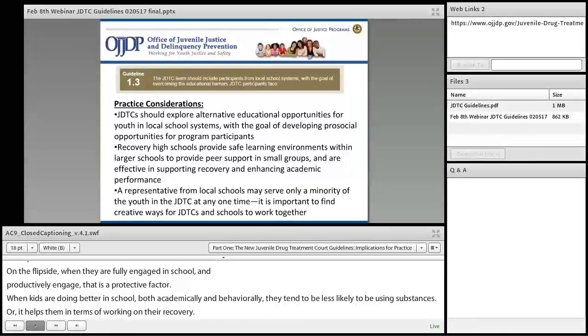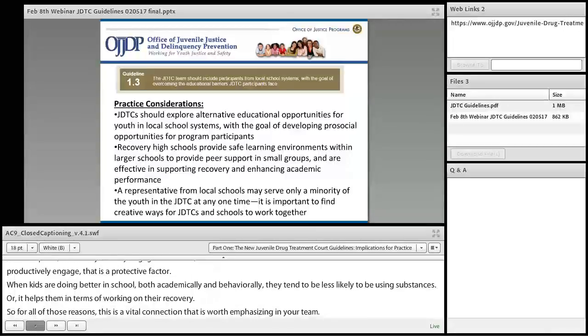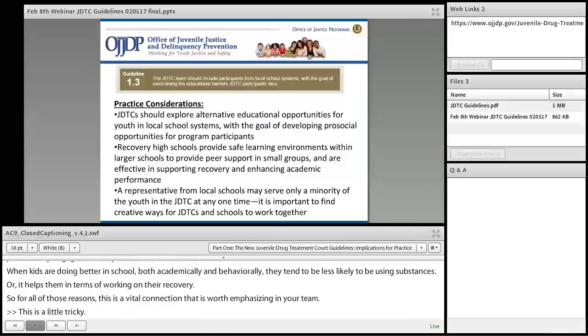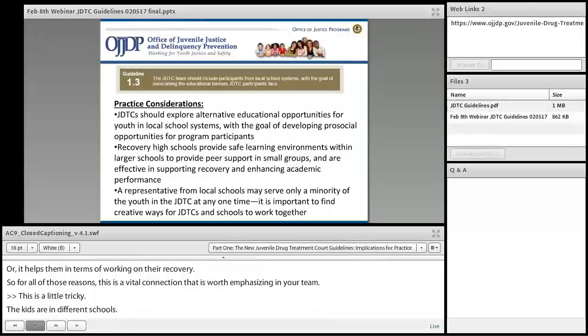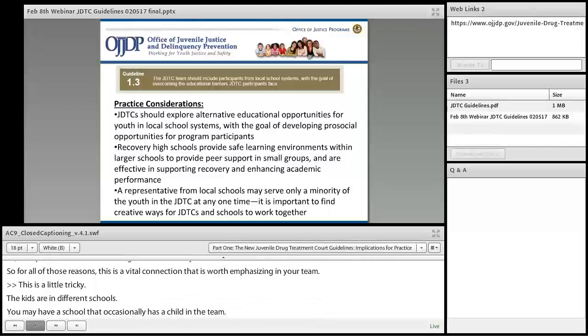And in practice, this is a little tricky because the kids may all be in different schools. You may have a school that only occasionally has a child involved in the drug court team. So think about creative ways to involve the school, even if you can't have a school representative at every one of your staffings, at every one of your court hearings.